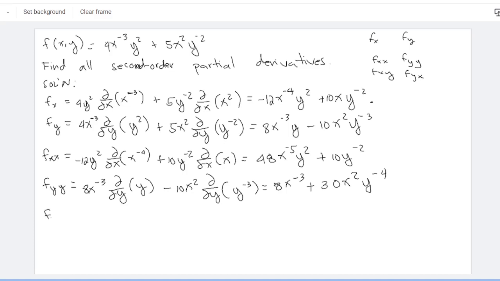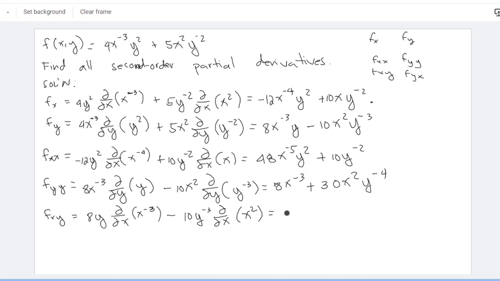Next, let's look for fxy. So the partial derivative with respect to x of fy. With respect to x, 8y times the partial derivative with respect to x of x to the negative 3, minus 10y to the negative 3 times the partial derivative with respect to x of x squared.